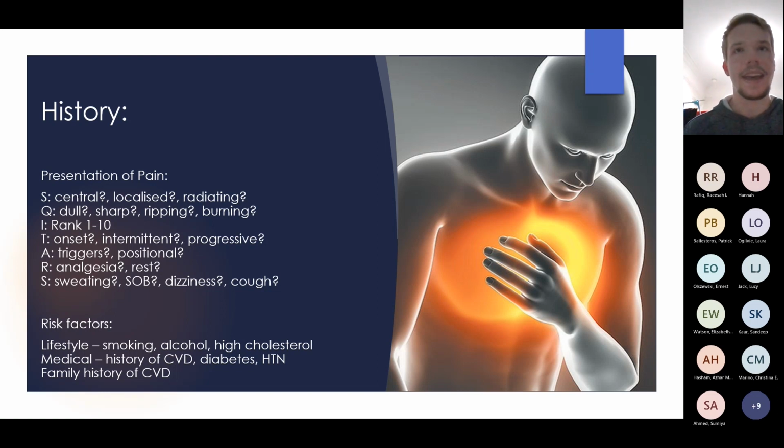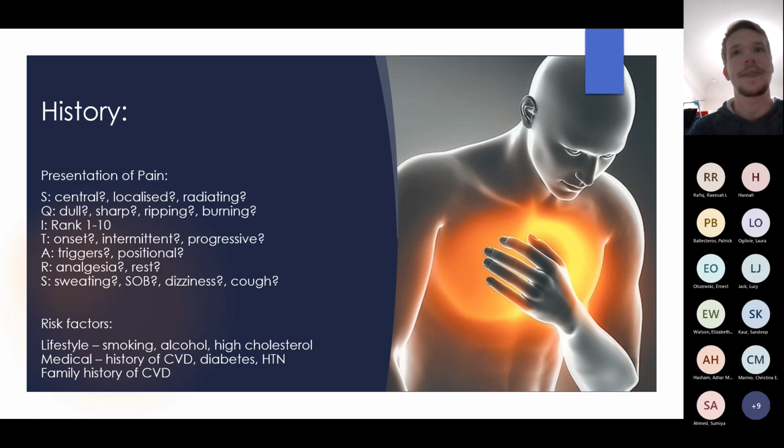So that could be their past history of any significant conditions, so hypertension, diabetes. It could be a family condition, again, such as heart attacks and cardiovascular disease, which has happened before in the family.